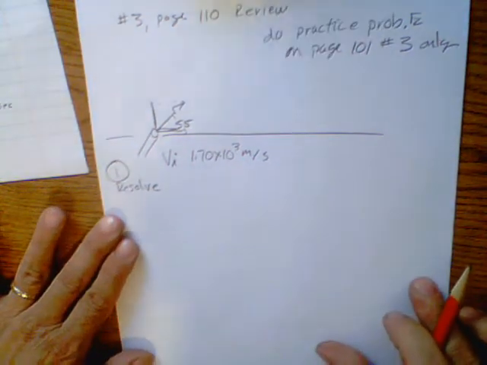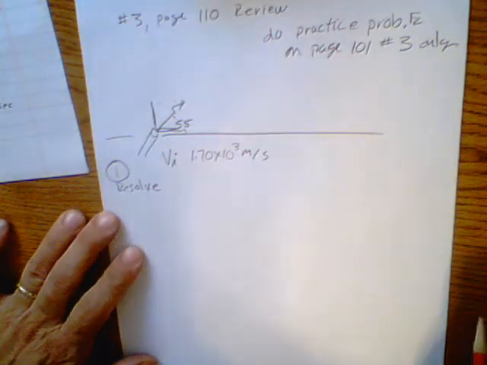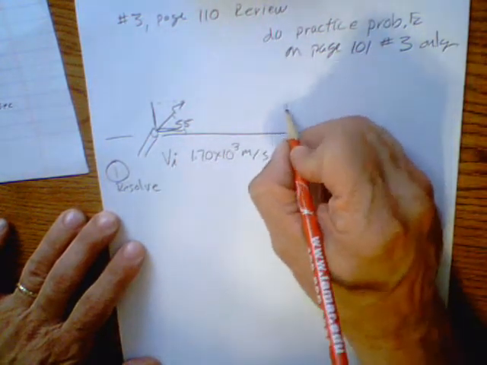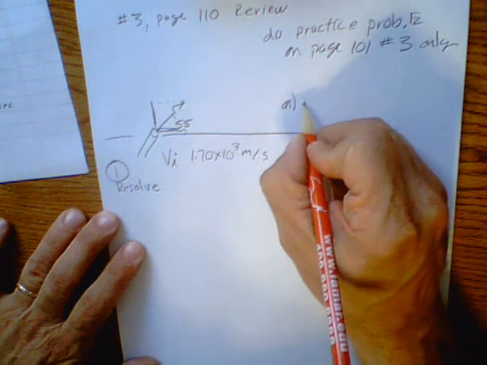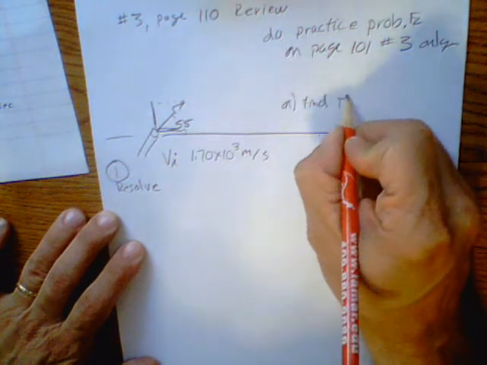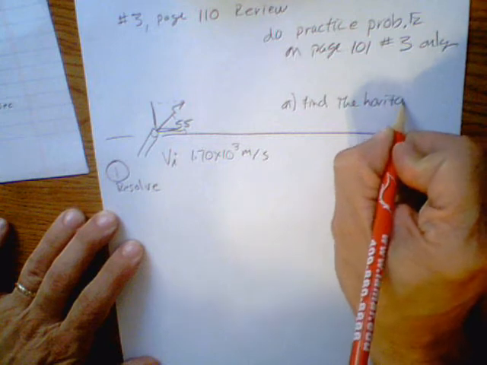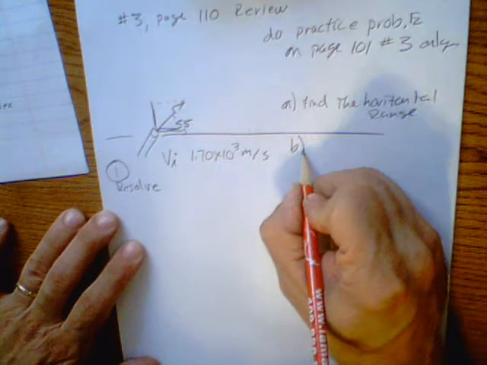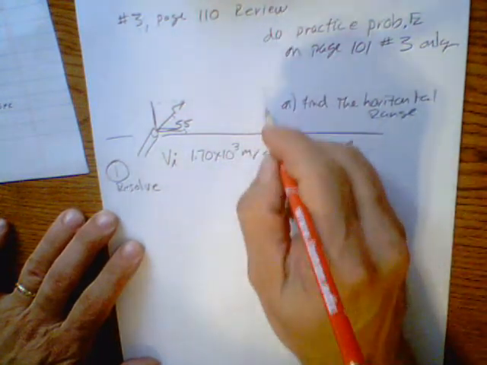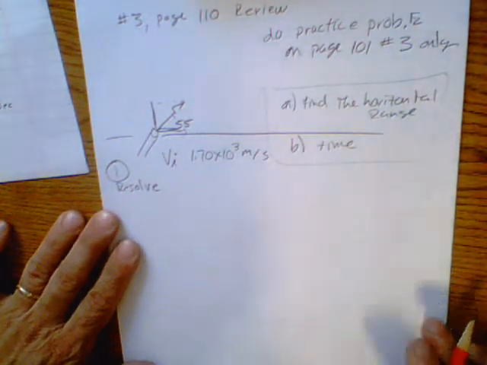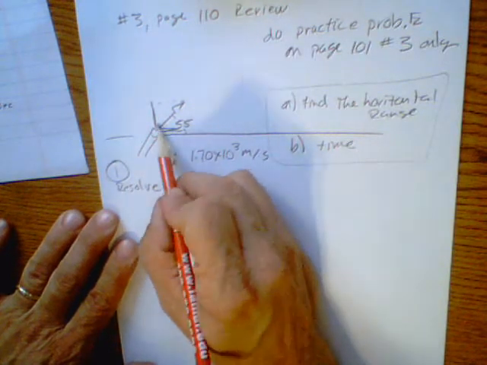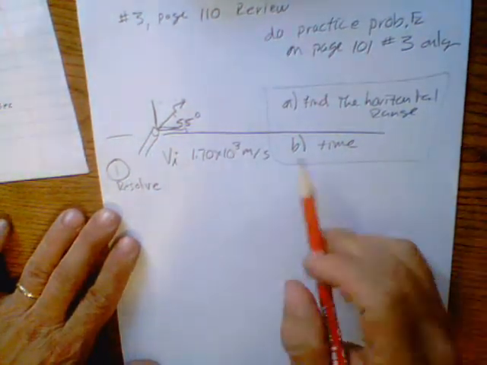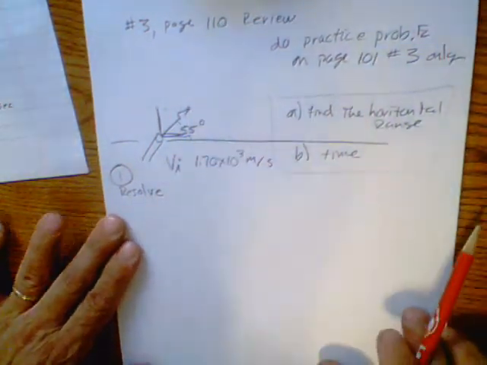Resolve the vector, because we need the x and y components, as I said a second ago. And by the way, all we're going to do here is find the horizontal range. And also we're going to find time. These are the only 2 things we're going to do here, given the velocity of the vector and the angle. I'm doing problem number 3 on page 110.